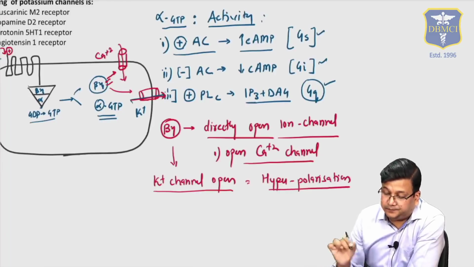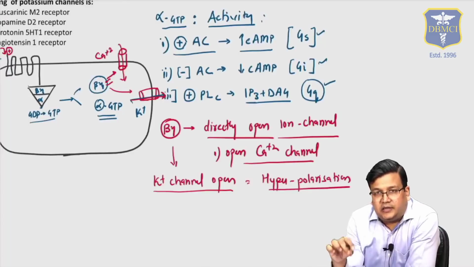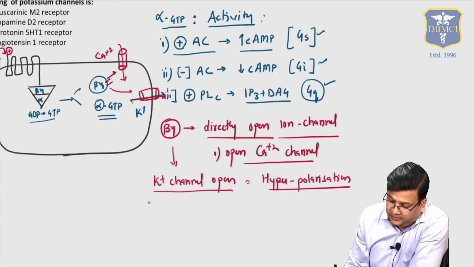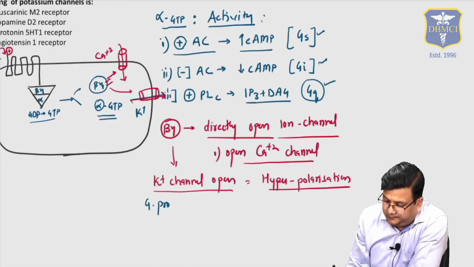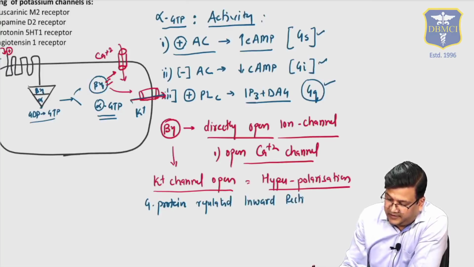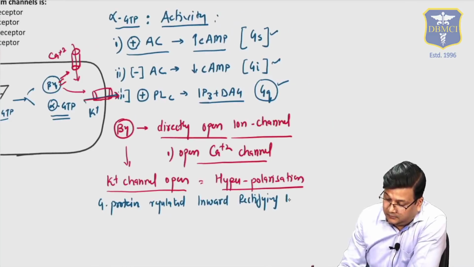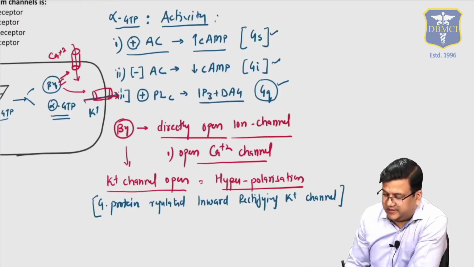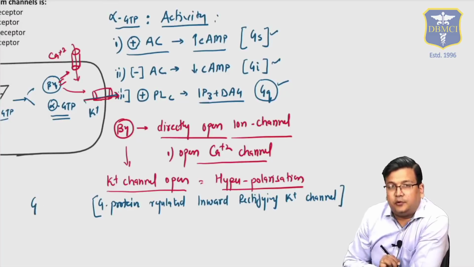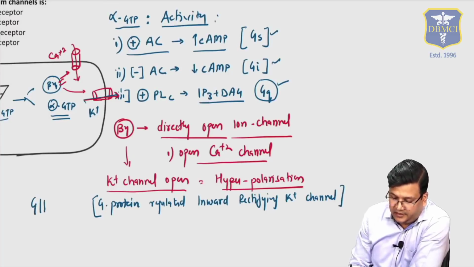And such kind of potassium channels which are directly opened by the beta gamma subunit are known as G protein regulated inward rectifying potassium channels, and that is what the question is asking. In short, they are referred to as GIRK channels.